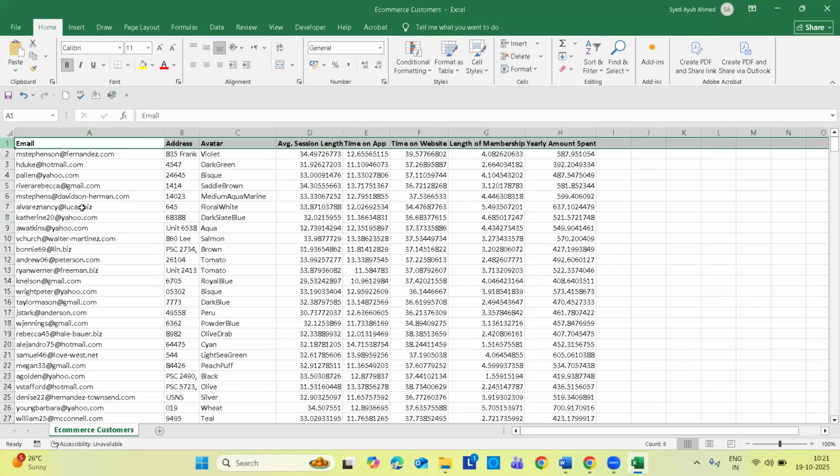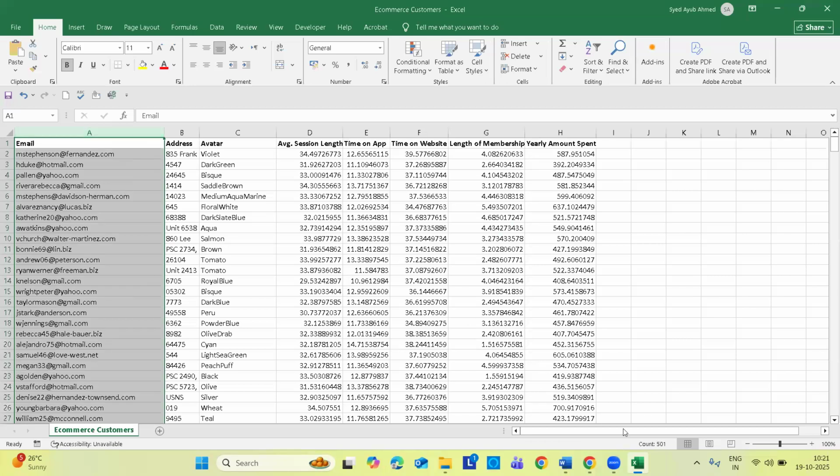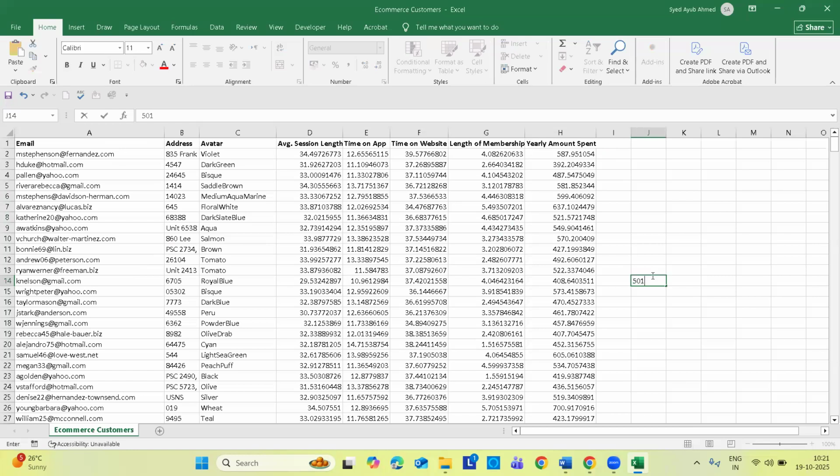So what is the size of your data set? It has 500 rows. And how many columns are there? You have 8 columns. So your size of data set will become 500 multiplied by 8.